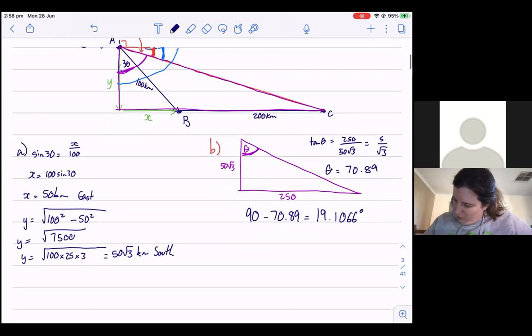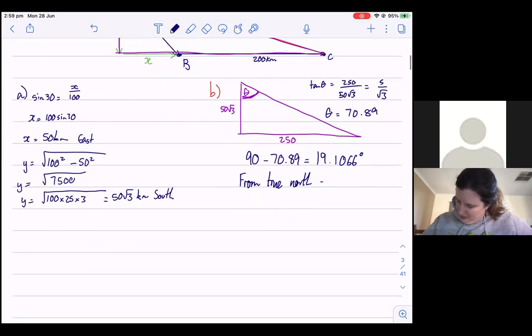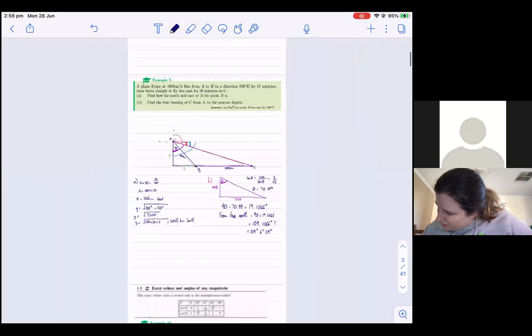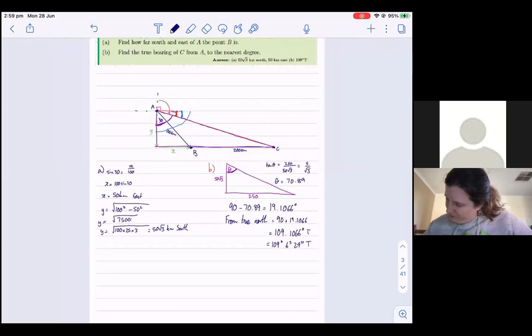And then true bearing from true north, I'm just going to end up adding another 90 on anyway. So 109.1066 degrees true. Degrees, minutes, seconds: 109 degrees, 6 minutes, 24 seconds. True.